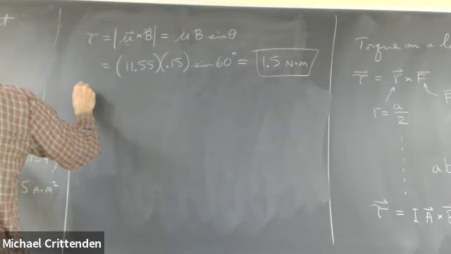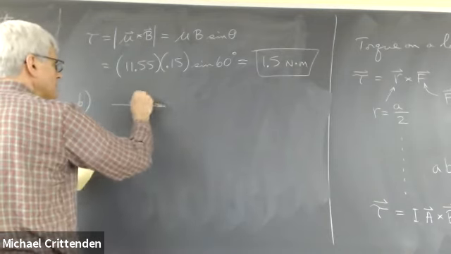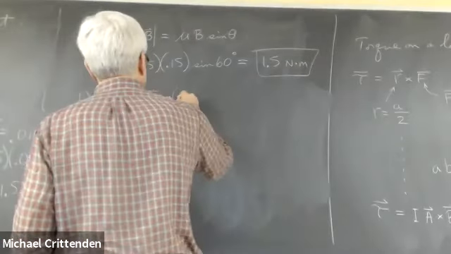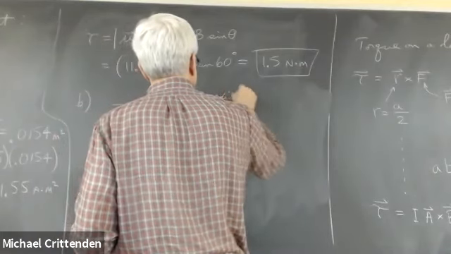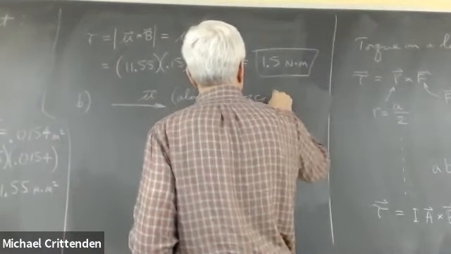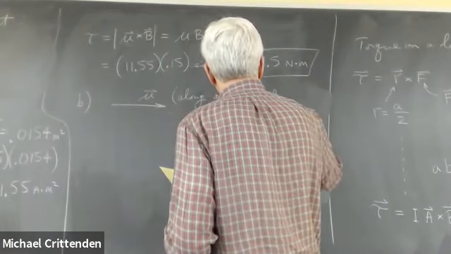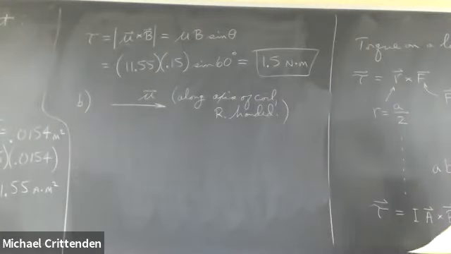As for the direction, magnetic moment, like I just got done saying, is that way. Along the axis of the coil, right-handed.